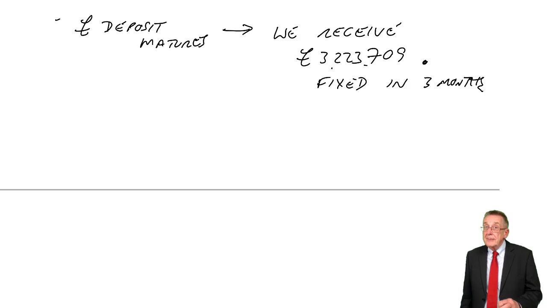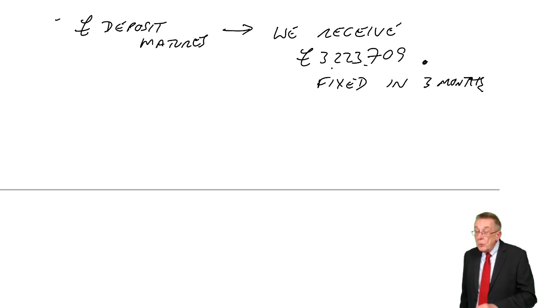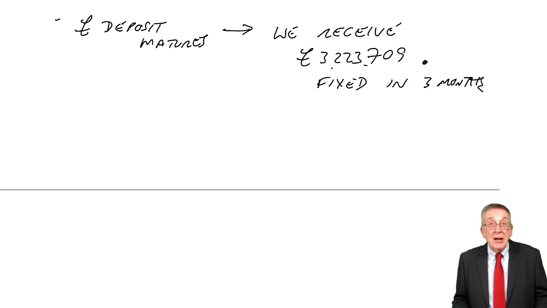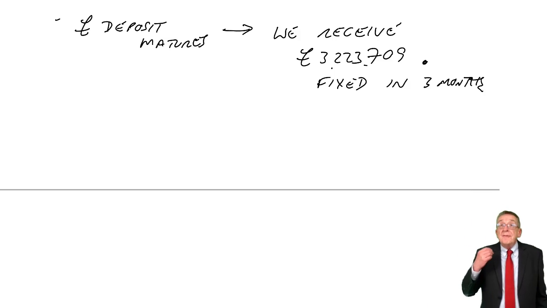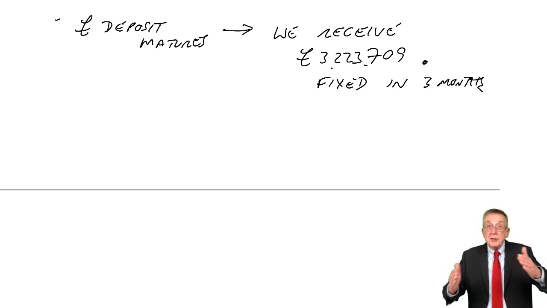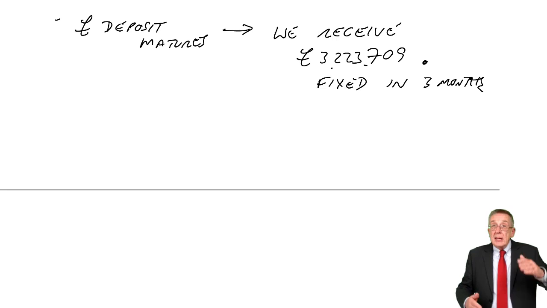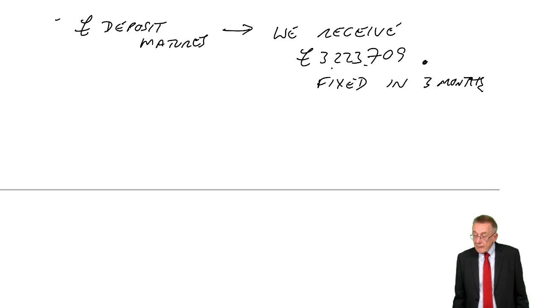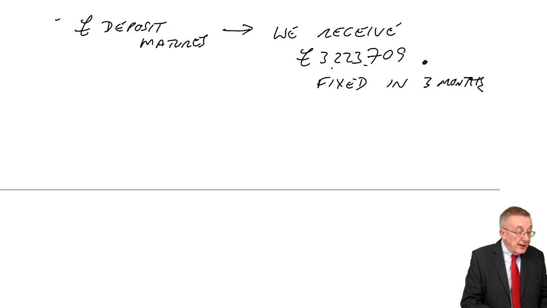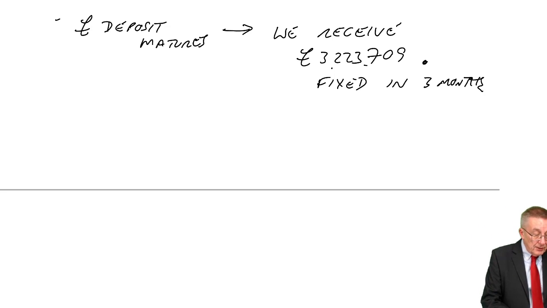And because of that, the forward rate isn't the bank's guess at what the exchange rate will be. Not at all. They're doing this arithmetic. The forward rate is determined by the two interest rates. And if you look on the formula sheet, and I did mention it in an earlier chapter, you'll see, if I can find my formula sheet, there's a formula right at the bottom of the page. Where is it? I've lost my formula sheet.